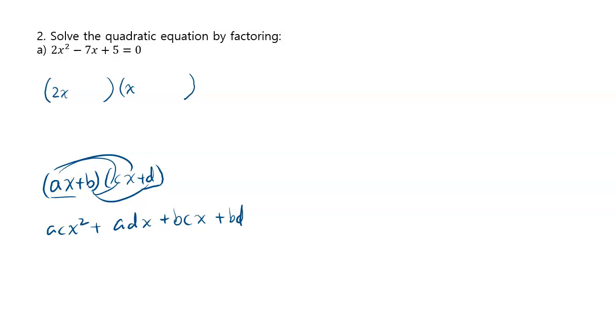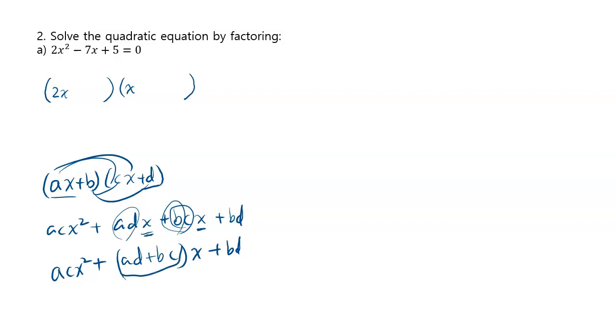And then since these are numbers, and x is the real deal here, since they have the same x, I'm going to factor the x out. And that's the general formula for what happens if you multiply two binomials in this way.